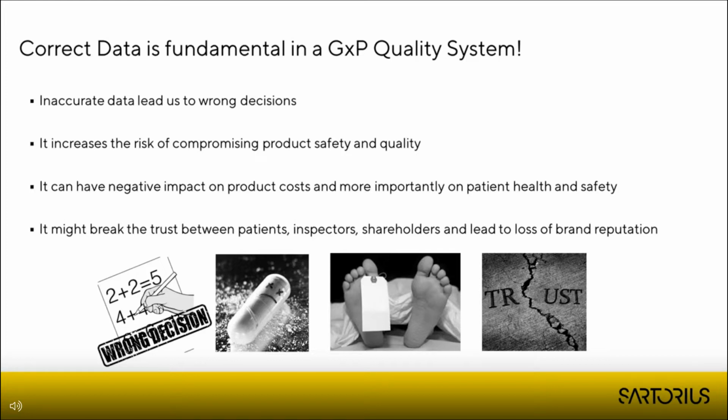And when we risk our patients' health and safety, it can break the trust between patients, the inspectors, stakeholders, and we can lose brand reputation. And therefore, it's very important that we make the right decision based on correct data.